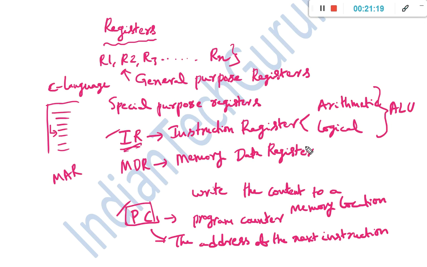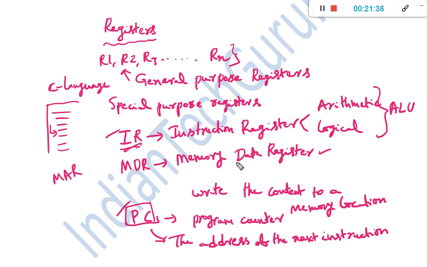If it is an instruction, then it will be moved to the instruction register. If it is data, then it will be moved to the memory data register.